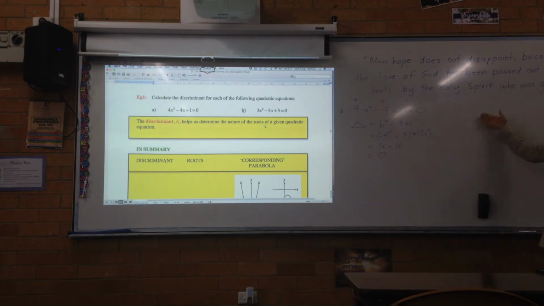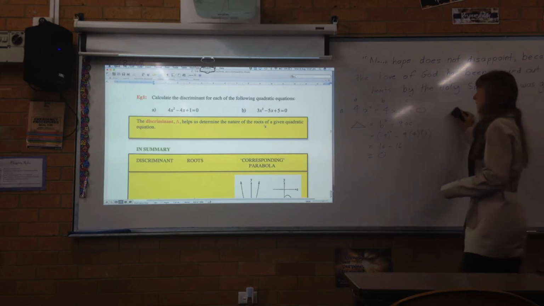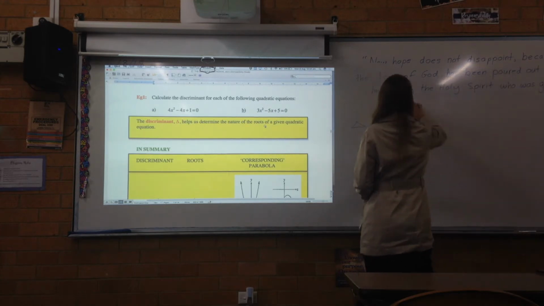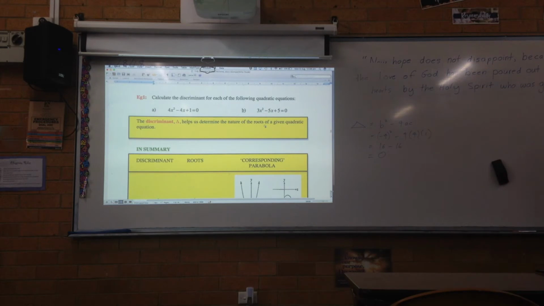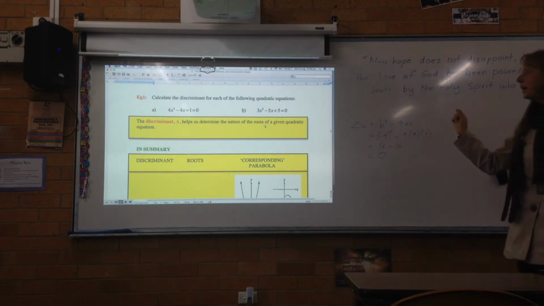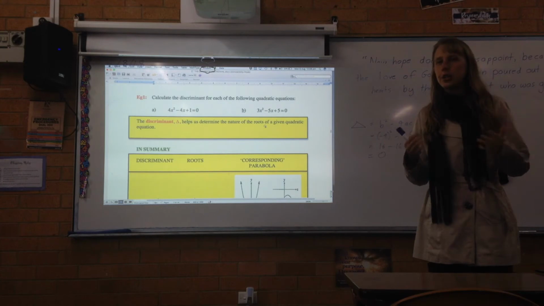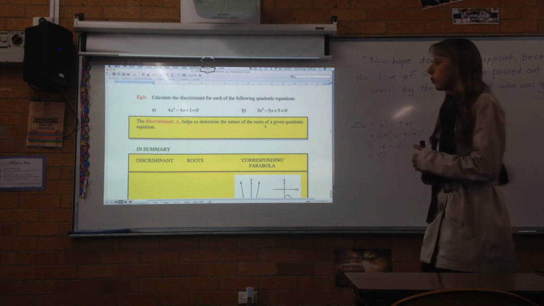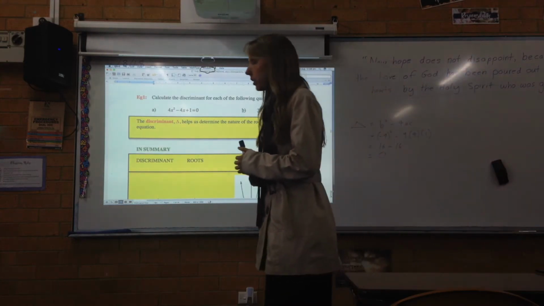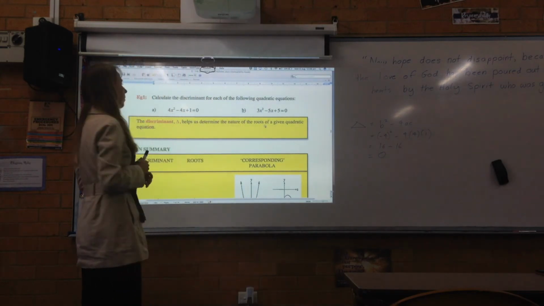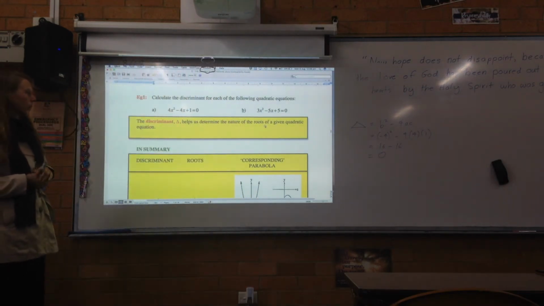Okay, can I write on this part of the board? Will it be seen? Well, I'll just rub this out and I'll do part B here. I'll just give you a moment to write that down before I do part B. Give it a go before I get to it, so simply label your a, b and c, put it into the formula b squared minus 4ac and find out what the discriminant is for this quadratic equation.